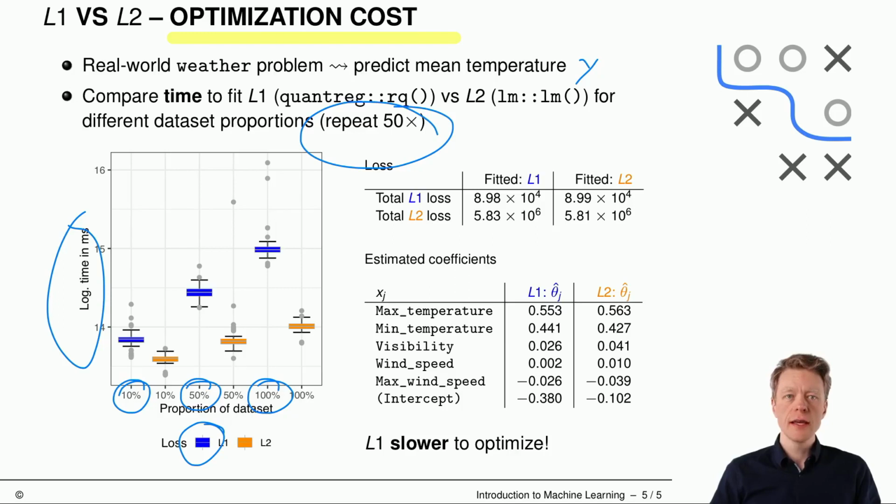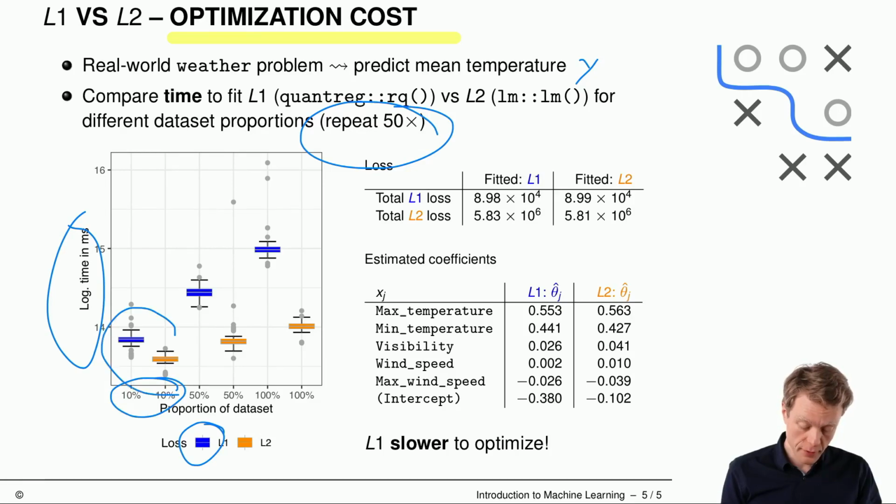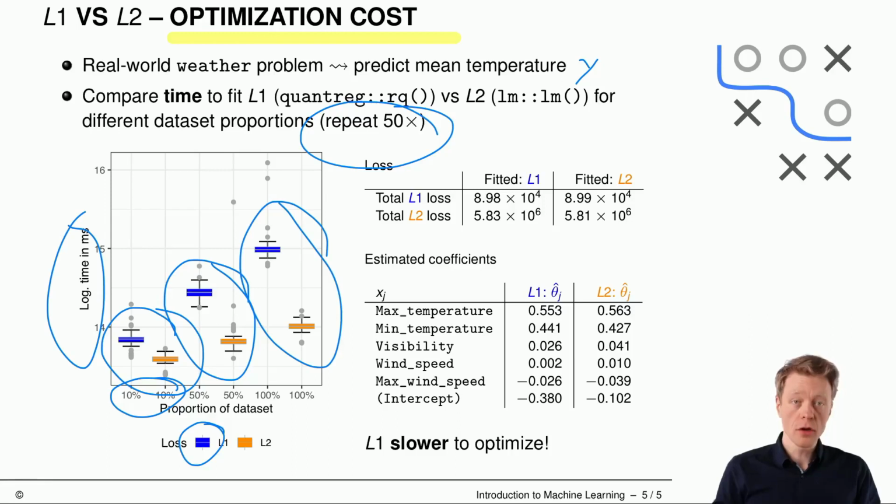So what you see, if you just compare all those blue boxes here, is that if we have more data, then training takes more time. That's somehow obvious, and it holds for both the L1 and the L2 loss. If we now compare for the same amount of data, for 10%, for example, the time needed for L1 and L2 loss, we see that L1 loss needed more time than L2 loss, and this holds for all available proportions here.